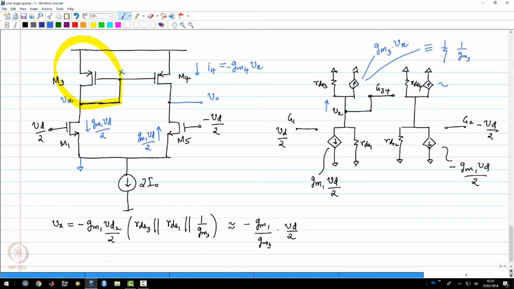So this current flowing upwards is now Gm4 times VGS, which is Vx.